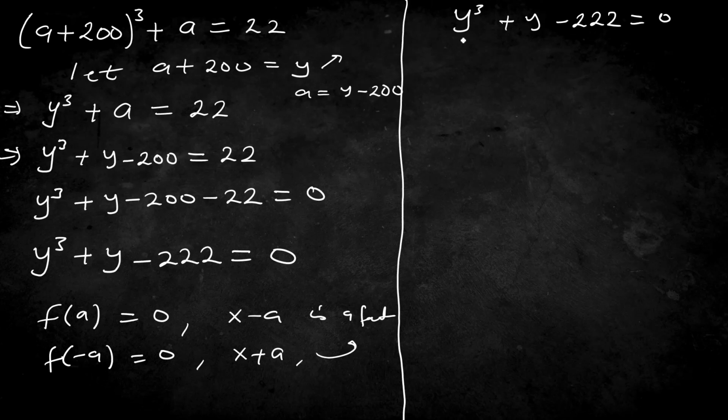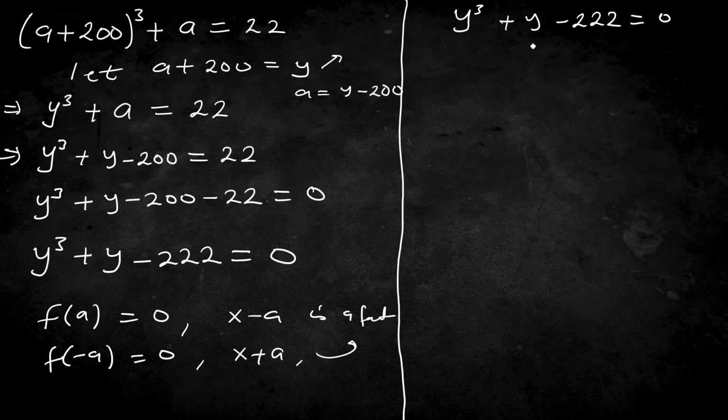We have 125 plus 5, so 130. So let's try 6. I think 6 will work. 6 cube plus 6 minus 222 will be 0.